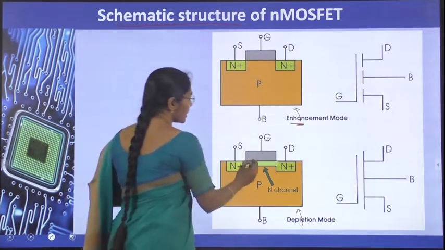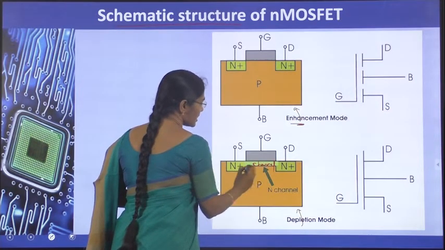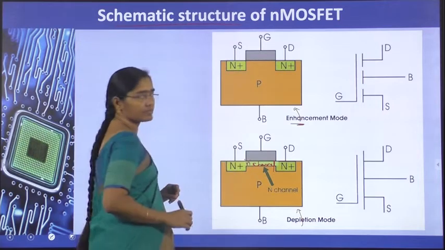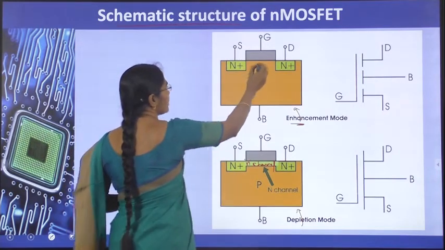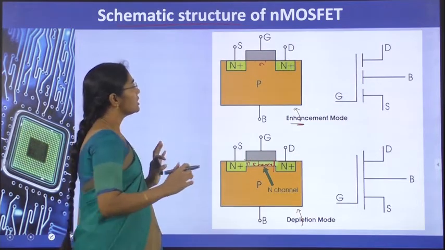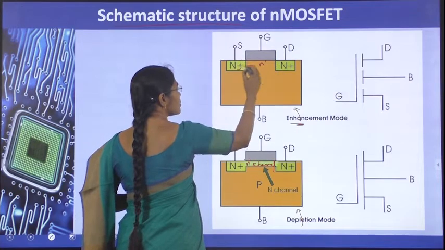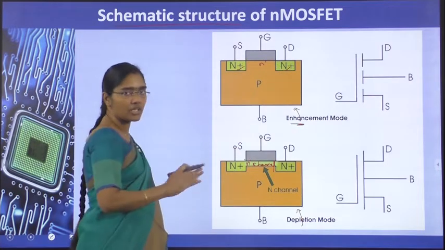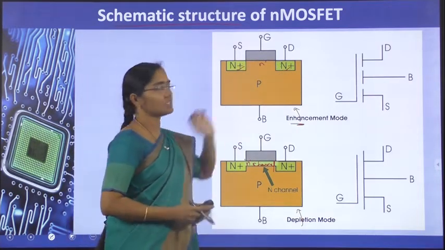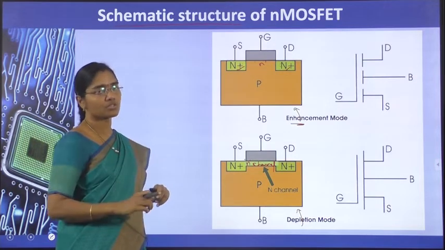Then what are we telling? In the NMOS, the channel is of N. So for the N channel, here we need to get the N channel by the electrical connection. This N channel is connecting source and drain, which means source and drain also have to be N. Then only we will have a connection path.